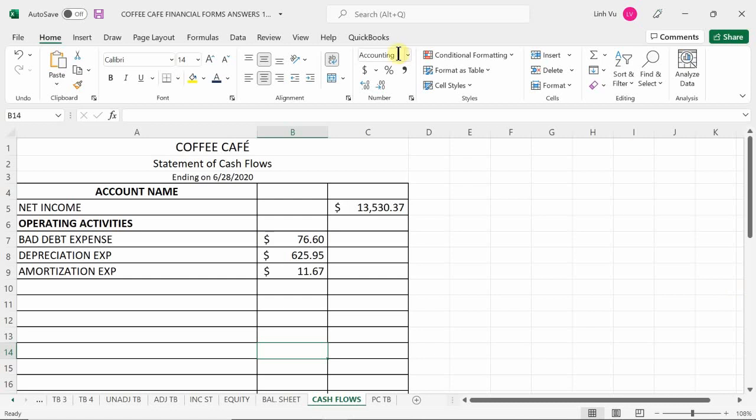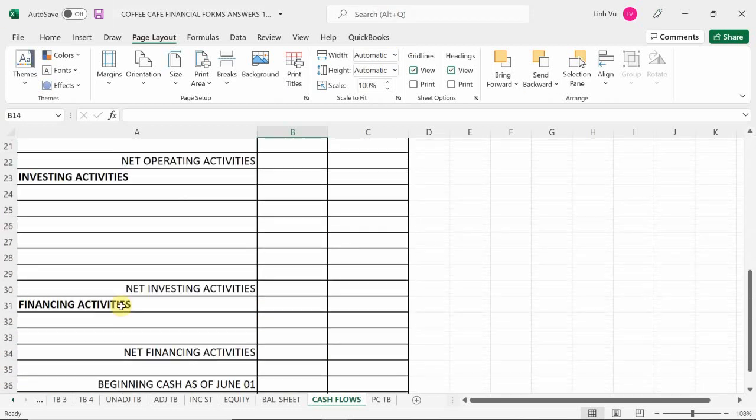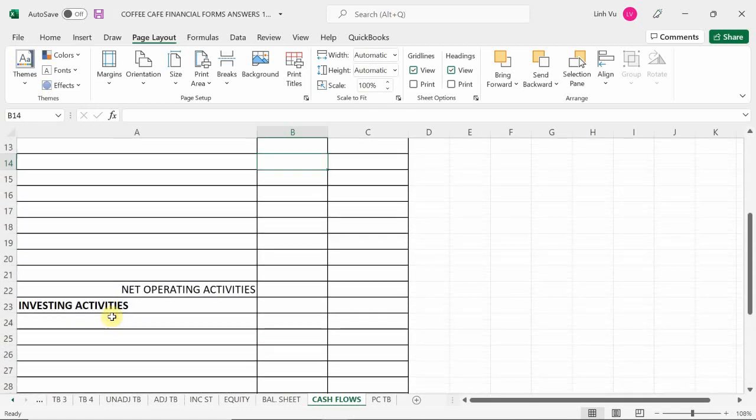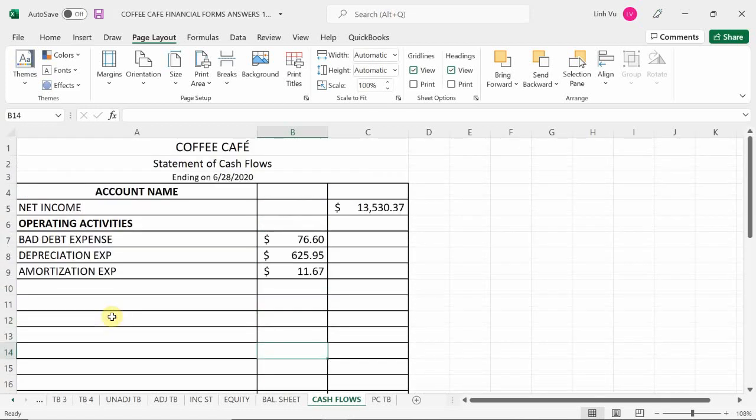Now the next section is going to be taking your balance sheet, and we're going to split it up and categorize it between the different little sections here. We have 3 categories that we must organize our income statement and our balance sheet in.